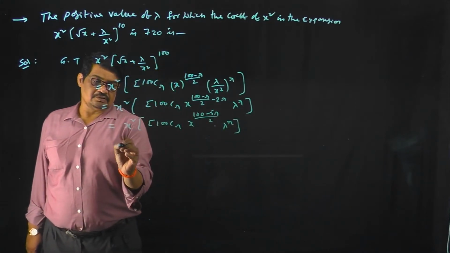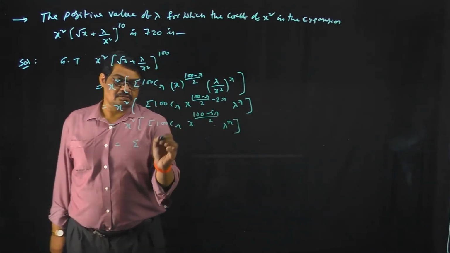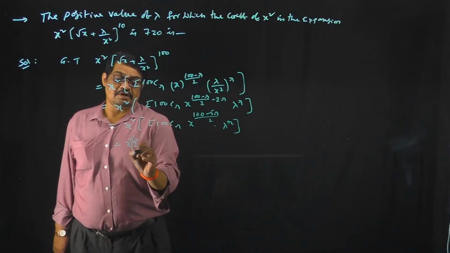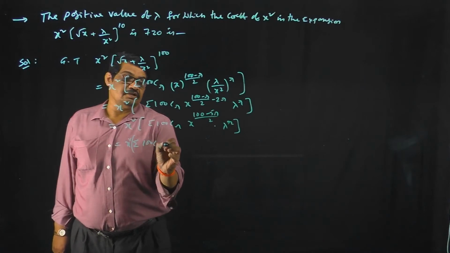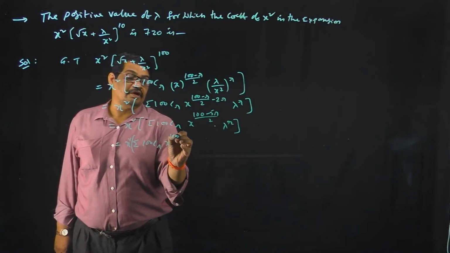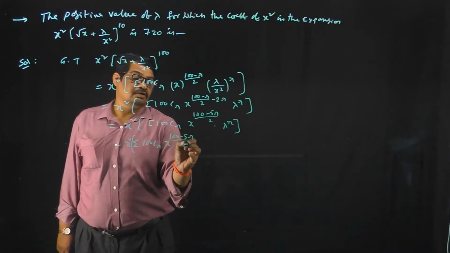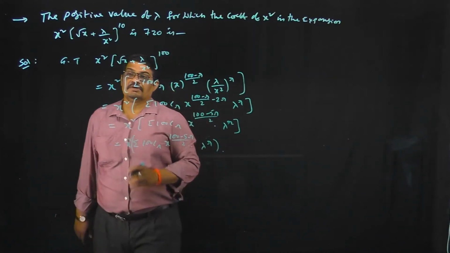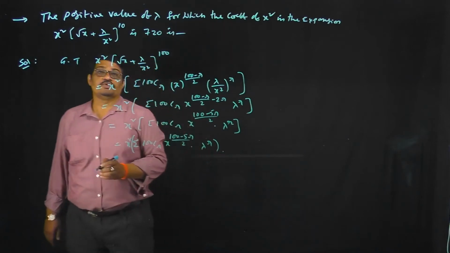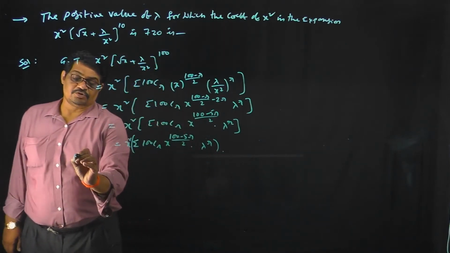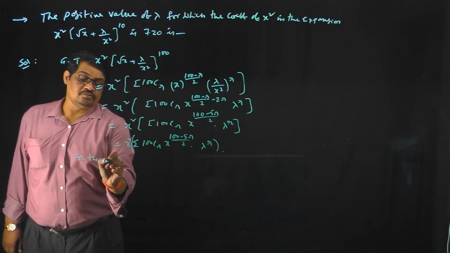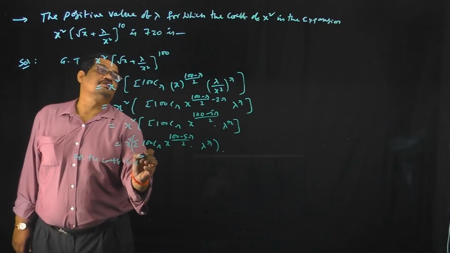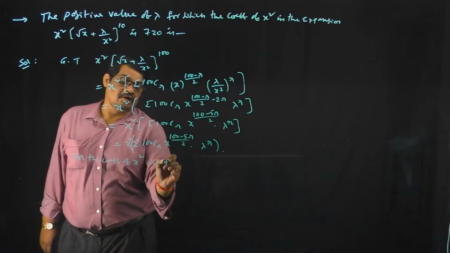So here also x is moving to this side. So here x square, that is sigma 100CR x to the power of 100 minus 5r by 2 into lambda to the power of r. In this expansion, we are given the coefficient of x square.